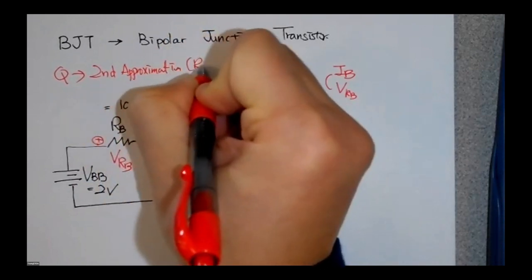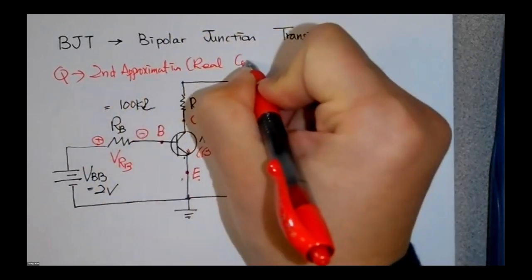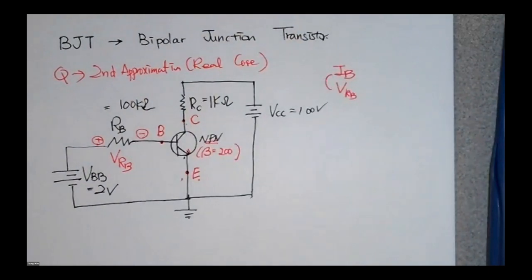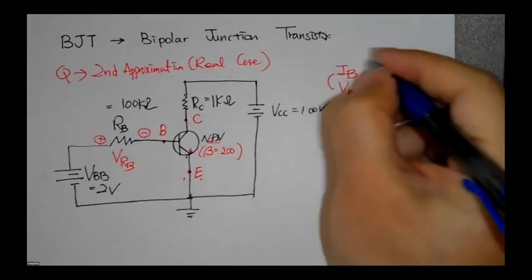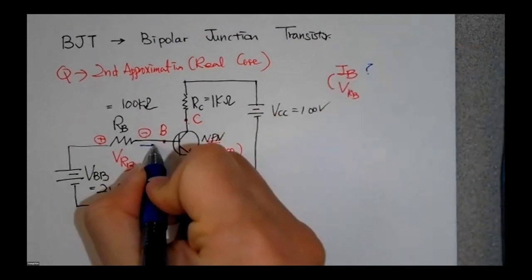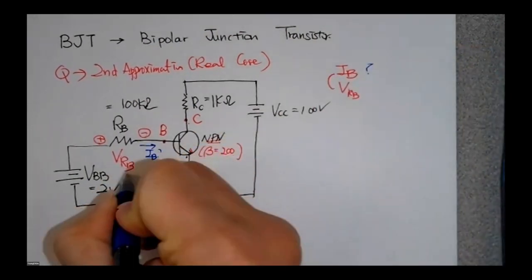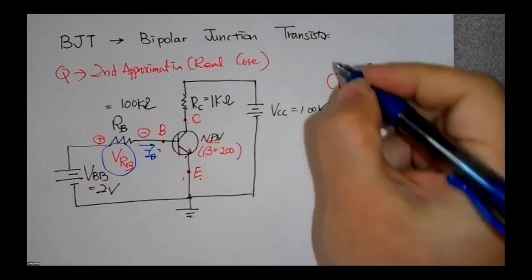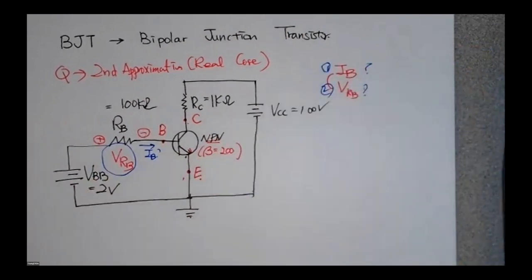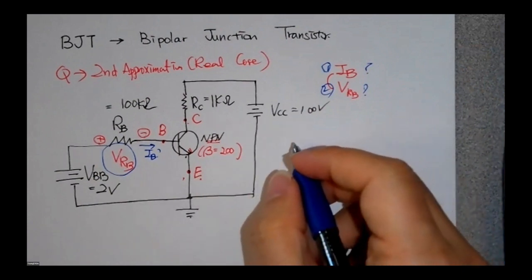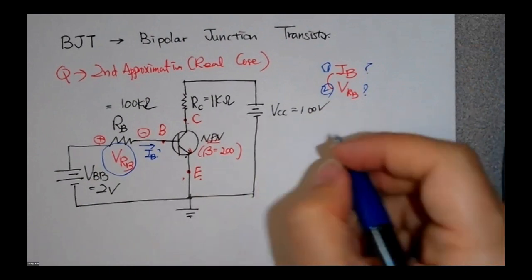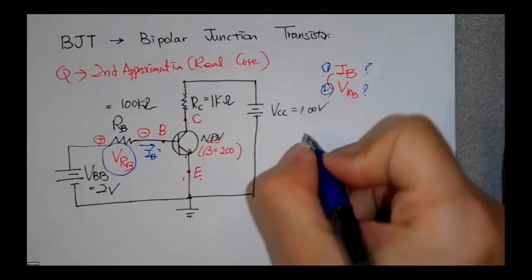Second approximation means the real case. So what is I sub B? What is V sub RB? Step 1, that is almost the solution for the exam. You have to really keep it in mind.